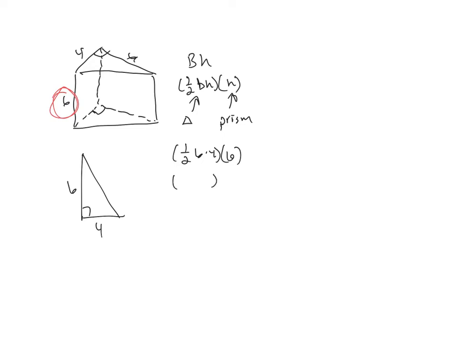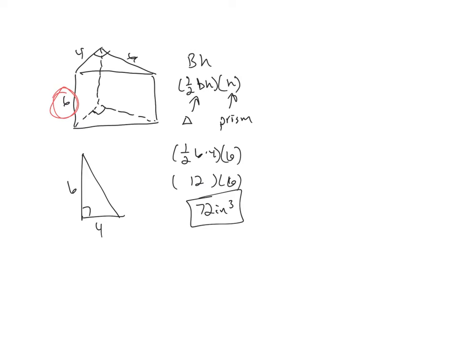So it kind of doesn't matter when you do half. I mean, 6 times 4 is 24, half of 24 is 12. Times 6 is 72 inches cubed, or whatever measurement label they use. Okay, so if it's a right triangle, a little bit easier.